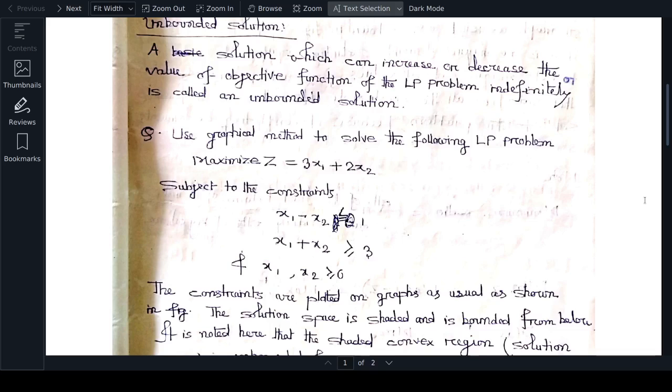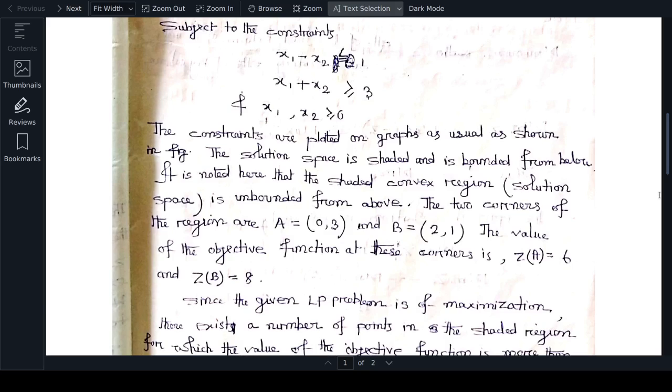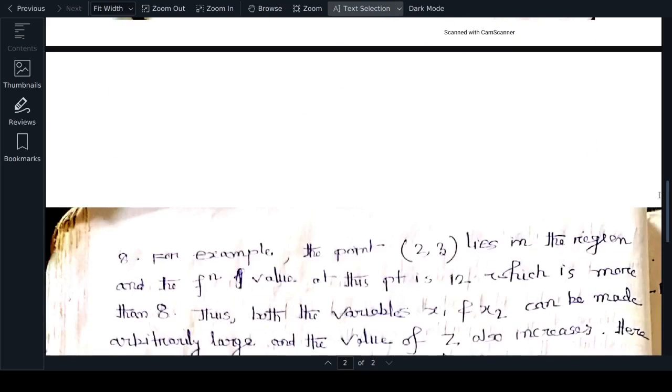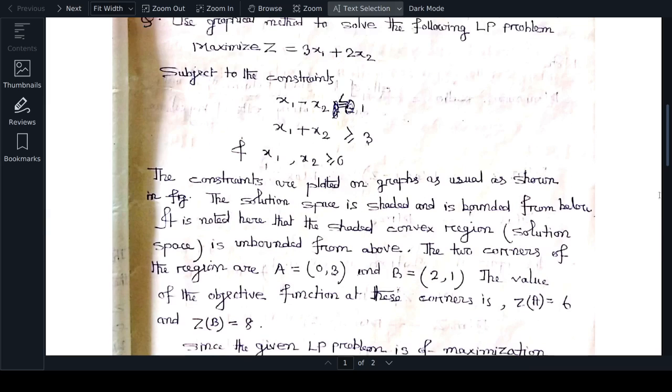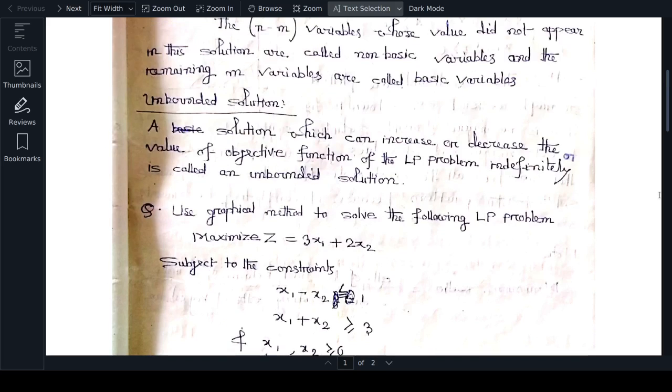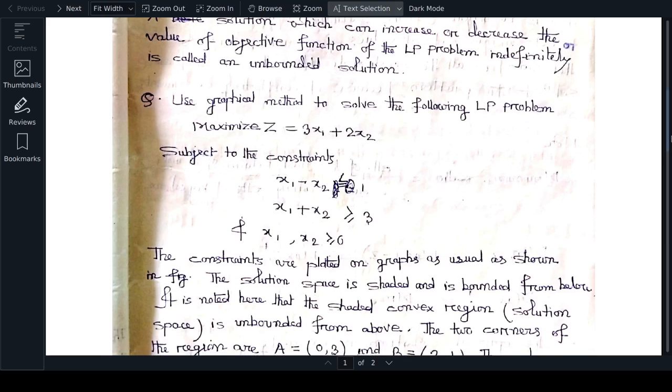Is this clear? Feasible region, then feasible solution. The shaded portion is our feasible region, and any point here is a solution of this region.